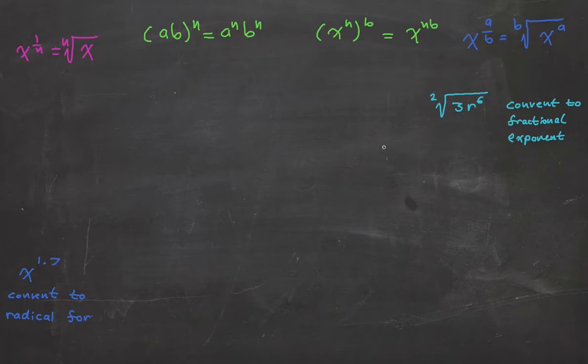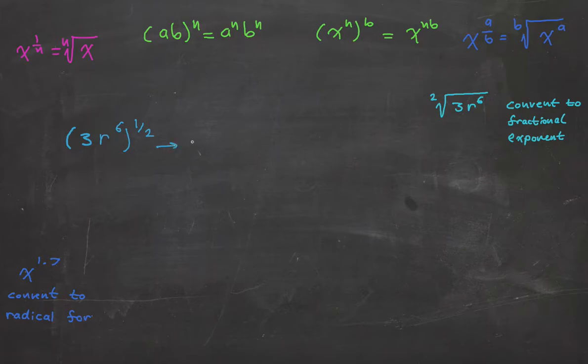So for that I will use this property here to first rewrite this as 3r to the 6 to the 1/2 power. Now I will use this property, which allows me to distribute this exponent.